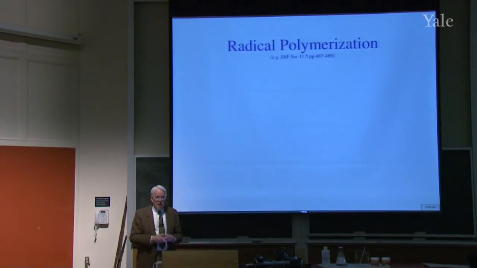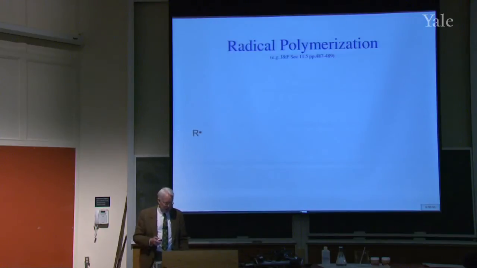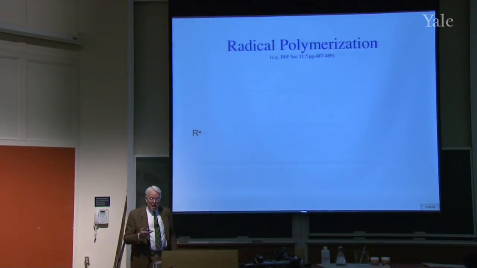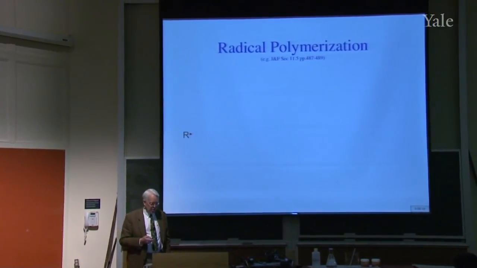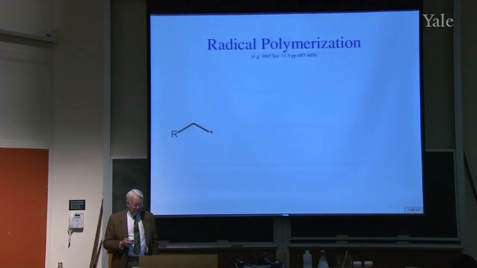Okay. Now, as I promised, you can also do free radical polymerization. I said we'd discuss that. So this was the earliest kind of polymerization studied in laboratories. So alkene comes in, bingo. Another one, bingo, bingo, bingo, bingo. So we're growing a long chain.